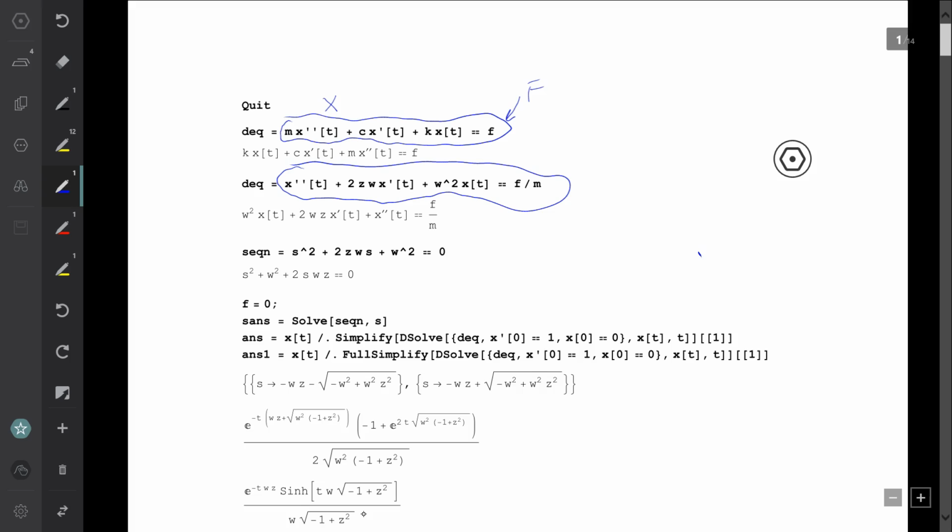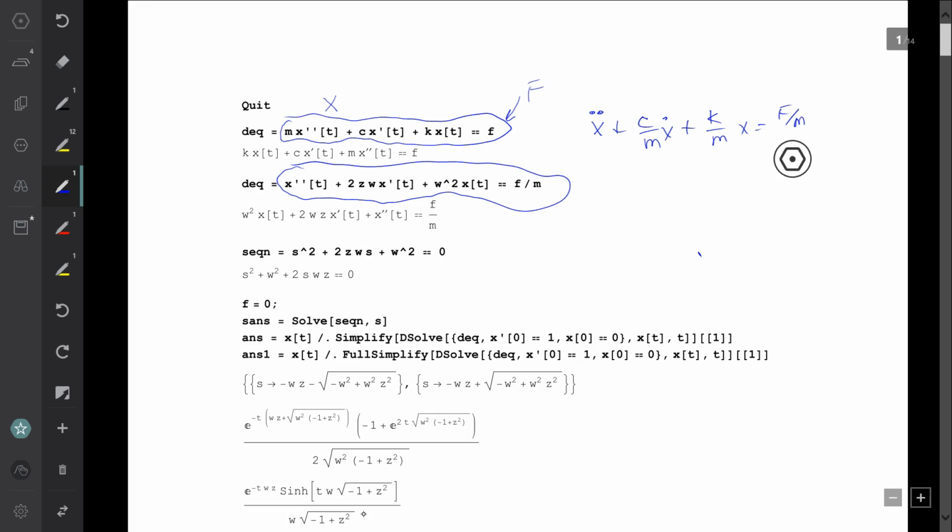To make the first equation look that way, you have to divide through by mass. So basically take the first equation and divide by mass. And then match up the terms.